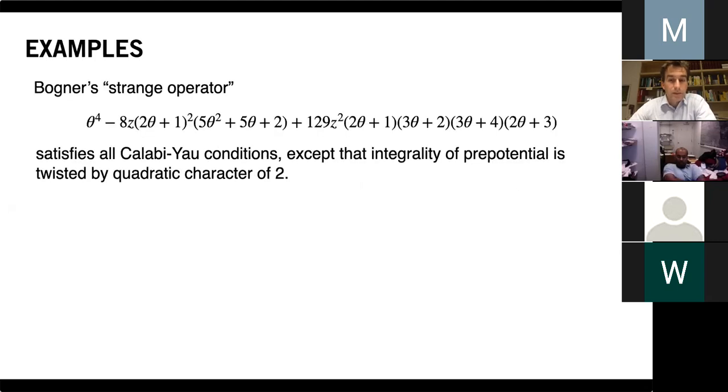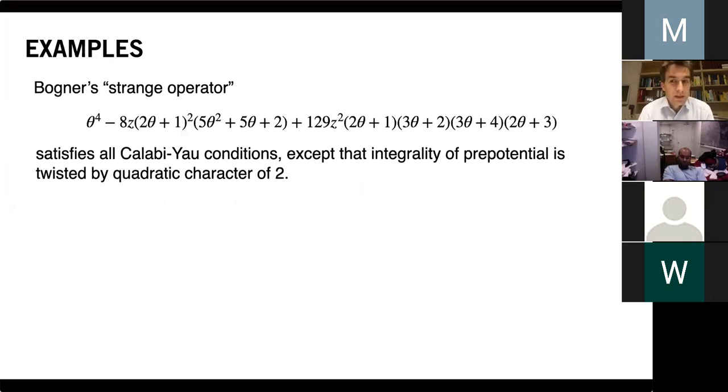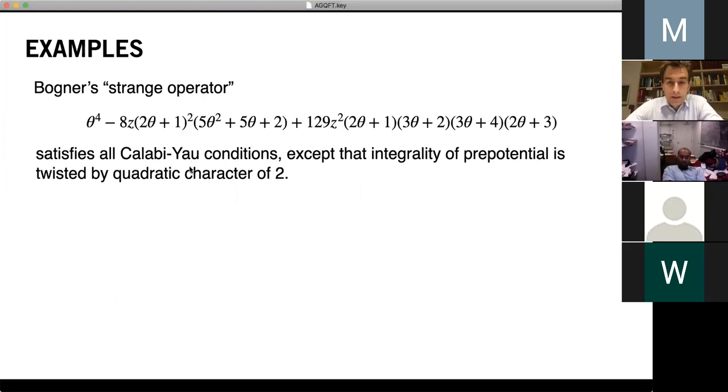So here's an example. That's to make maybe the point of this integration constant, or the hidden assumption about this rationality here. So there was one operator which is kind of a strange operator. It looks like this and has all the properties except that the prepotential doesn't have integrality, but only if you twist the trilogarithm by the quadratic character.